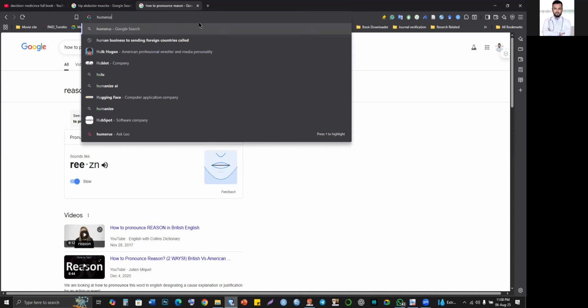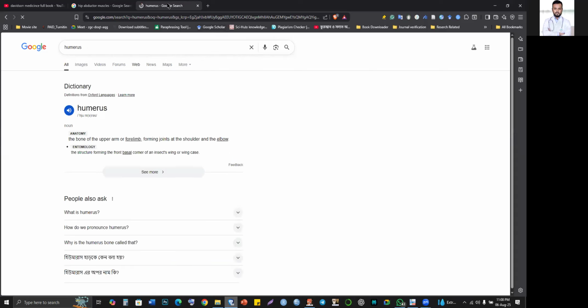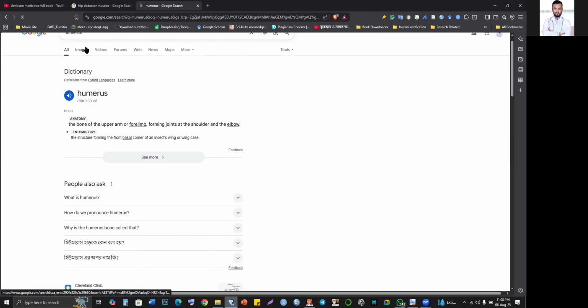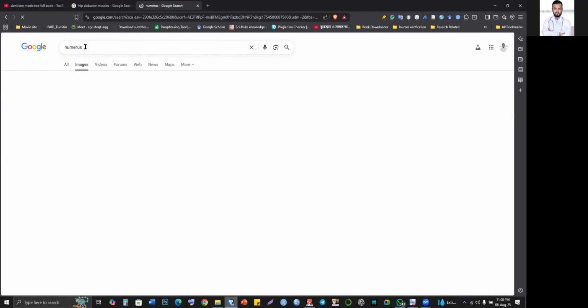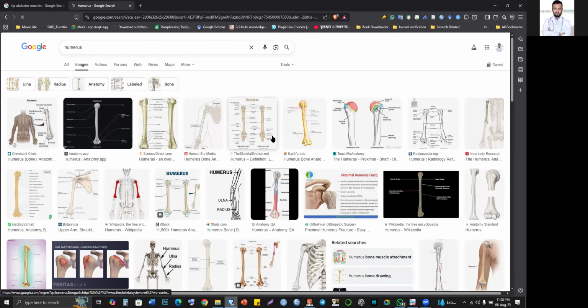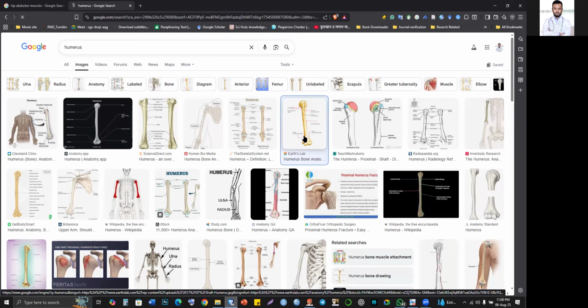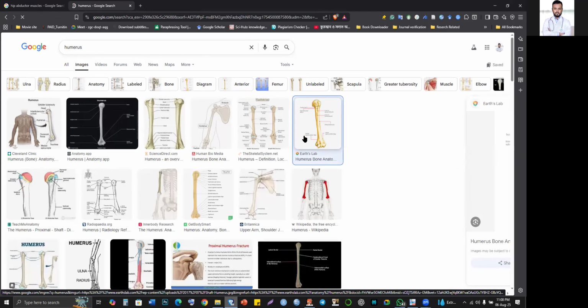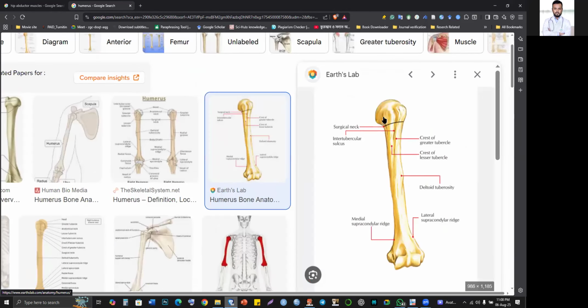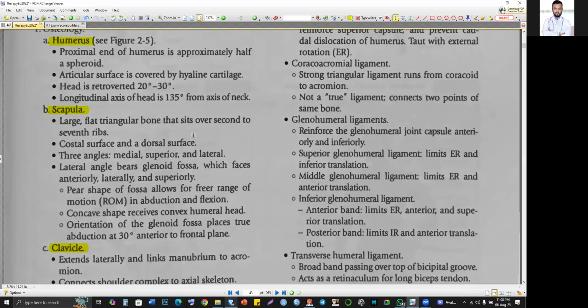If we search for the humerus and go to the image, you can see the humerus over here. The head of the humerus is not fully 90 degrees at all. They say that it is 135 degrees from the axis of the neck.